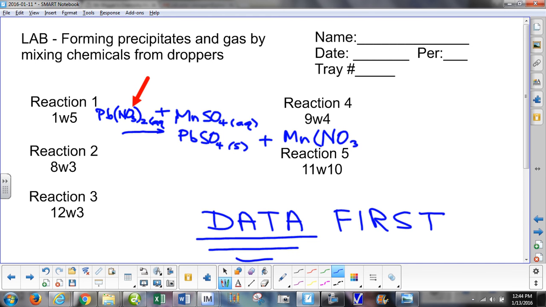Not because there are 2 on the left, but because the manganese and the lead both wind up with exactly the same charge. That's how we know what they are going to be on the other side, because in these reactions, charges never change. Okay?